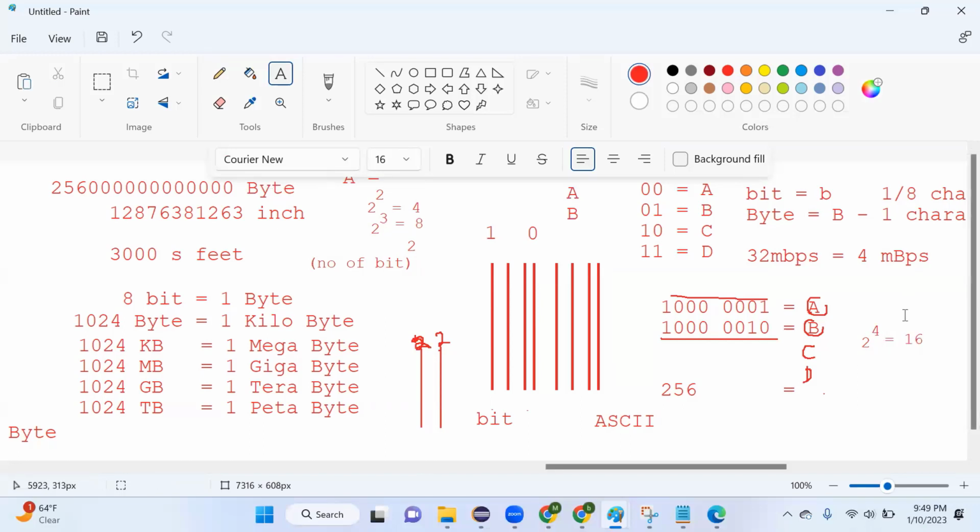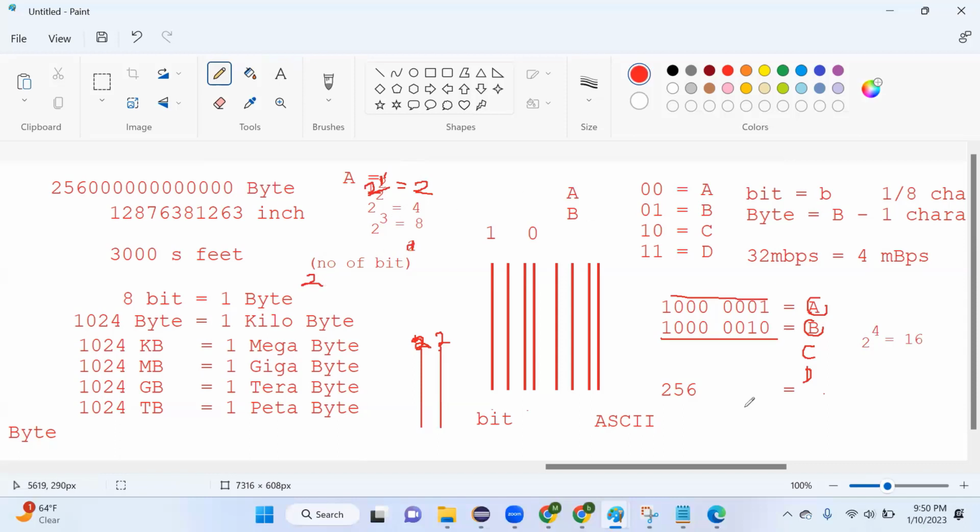So the power is the number of bits, and the total states is 2.